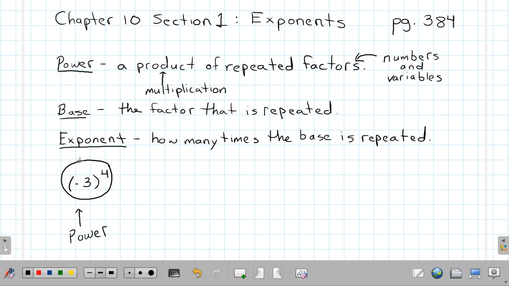So like I said, the whole thing here is the power. Looking at this again, the -3, that's what we're calling the base. And if the -3 is the base, that means the 4 has to be the exponent.